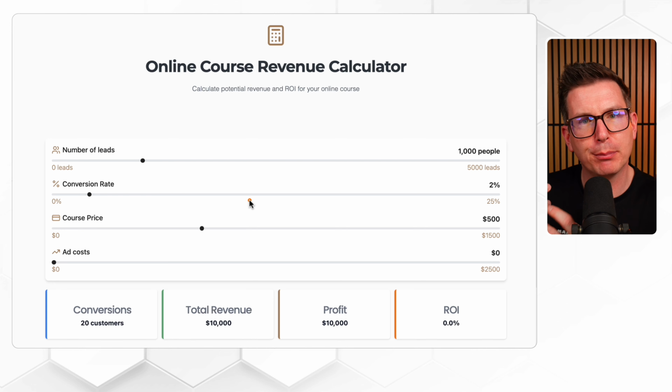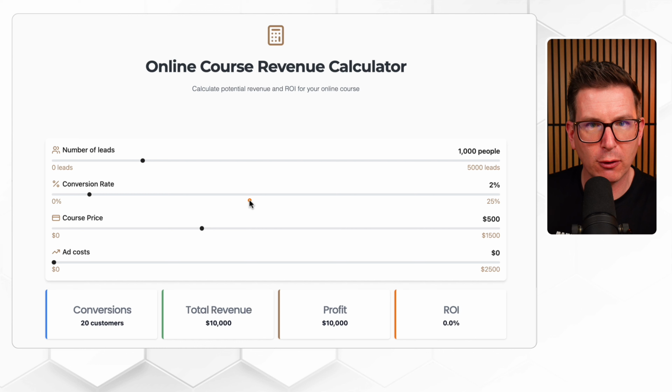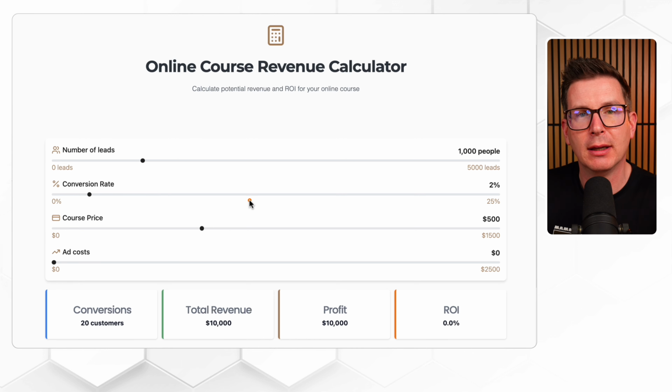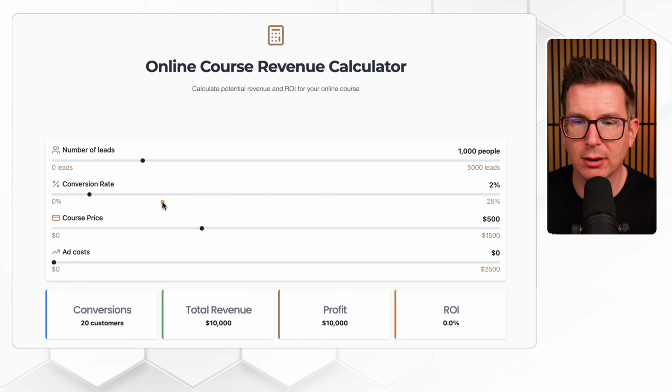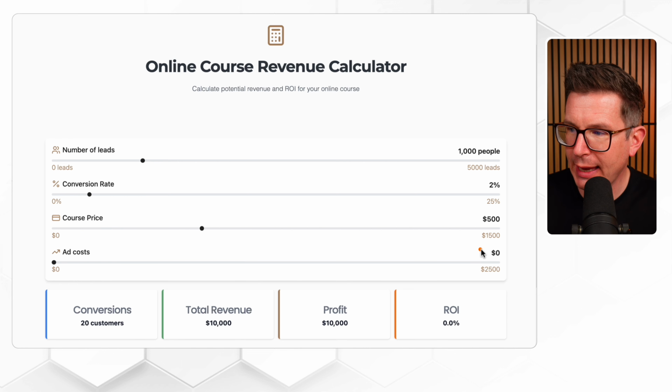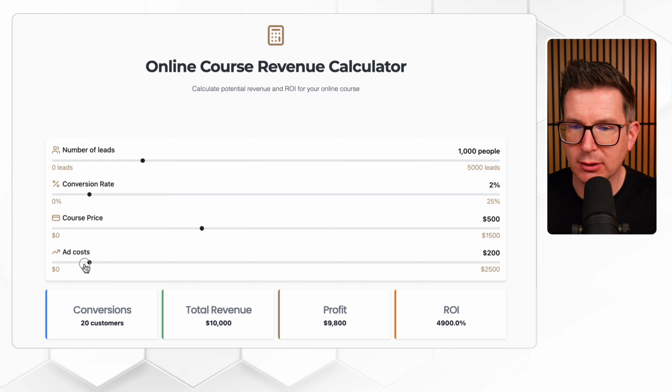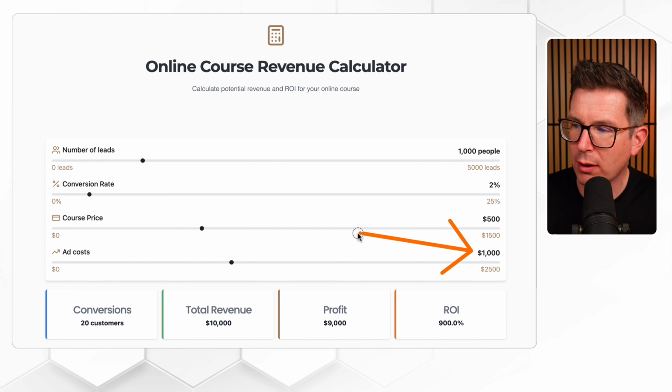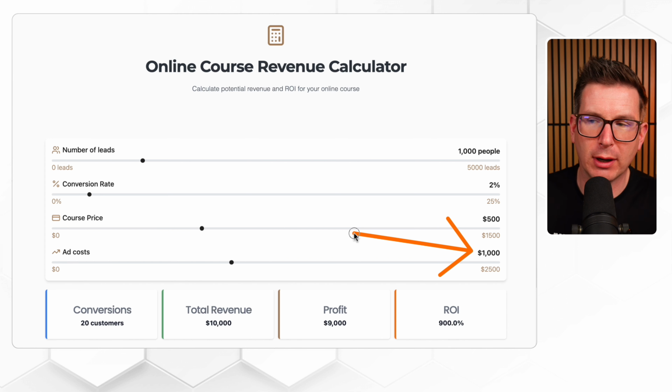Yes, sure, you can post on your own profiles online, but those posts will not reach the right audience most of the time for your offer. So a much easier way is actually to invest a little bit in ads in order to reach the right customer.